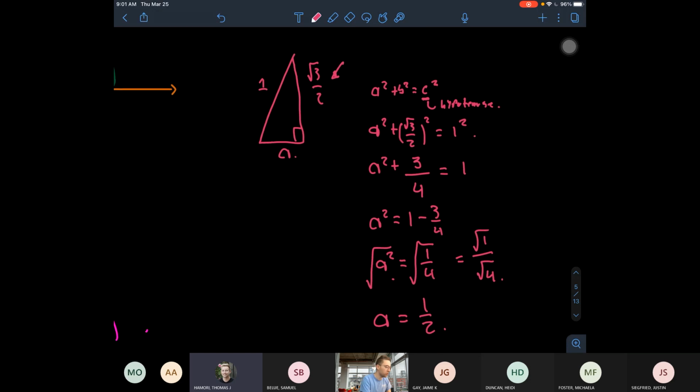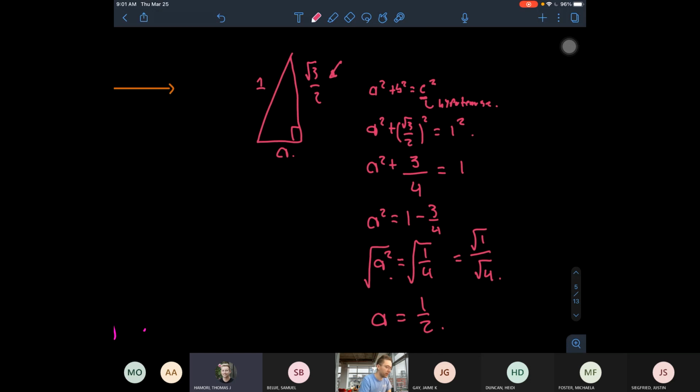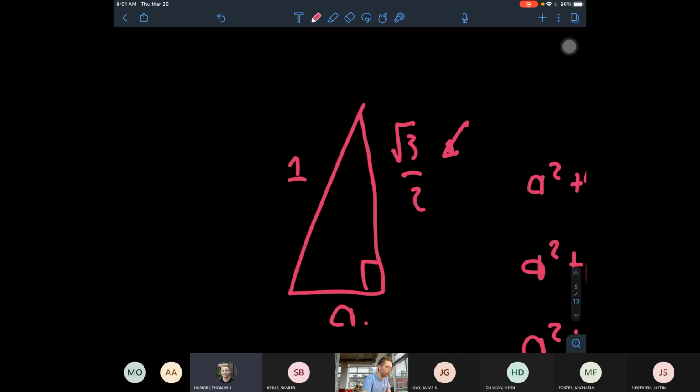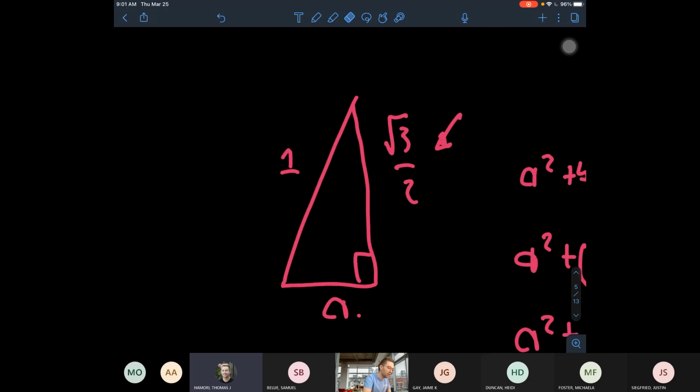Yeah, so I just used the Pythagorean theorem here. Okay, or if I was really clever, then maybe I would have immediately noticed that the presence of the square root 3 here kind of seems like it's leading us towards a 30, 60, 90 triangle.